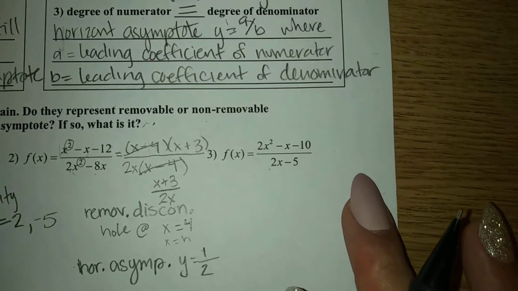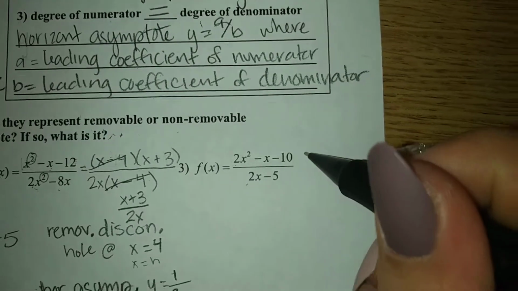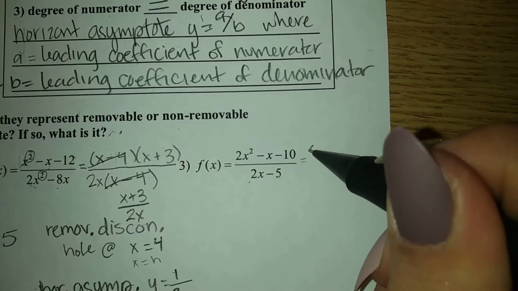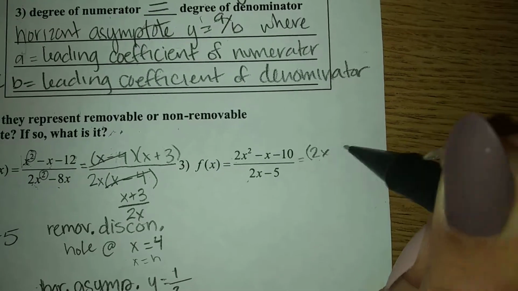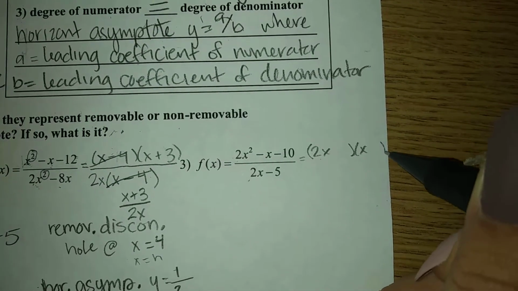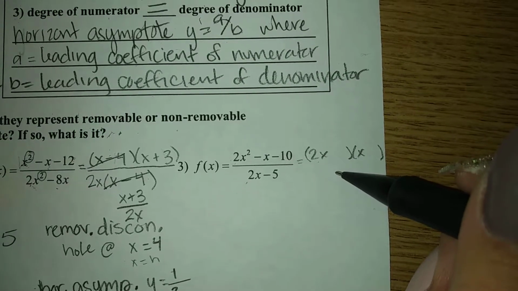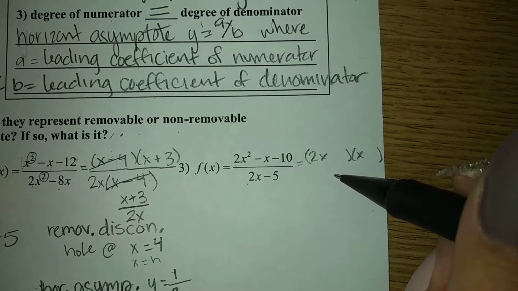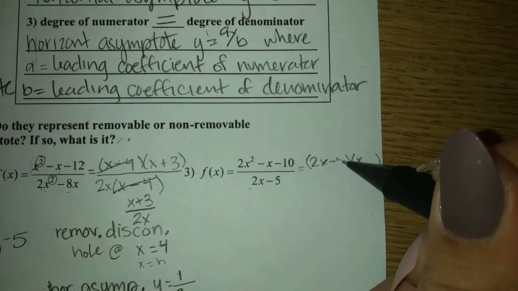Moving on to my third example, I will factor the top, which will give me 2x and x. And then if I want -1, okay, I'll have -5.